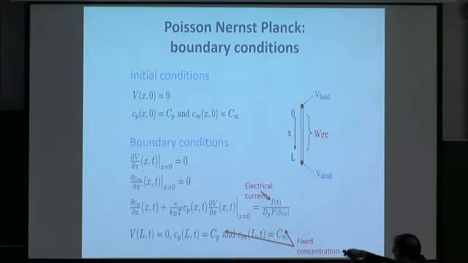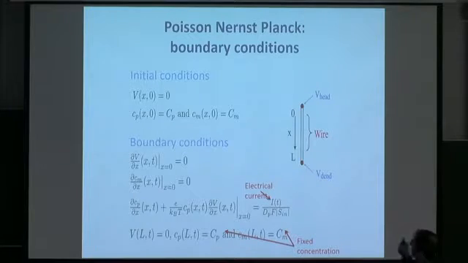You have the boundary condition that you can impose here for the voltage at the head and for the different concentrations. You assume that there is a current flow at the head, and again you have to impose some fixed concentration here at L for the positive and the negative charges, and V, the potential, is defined up to a constant, so you can always say that it is 0 here.